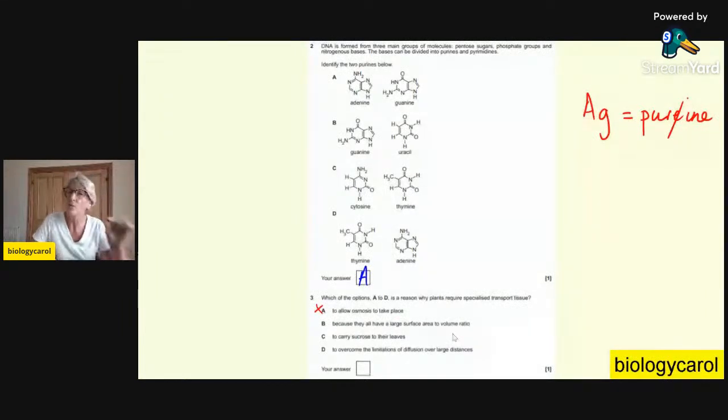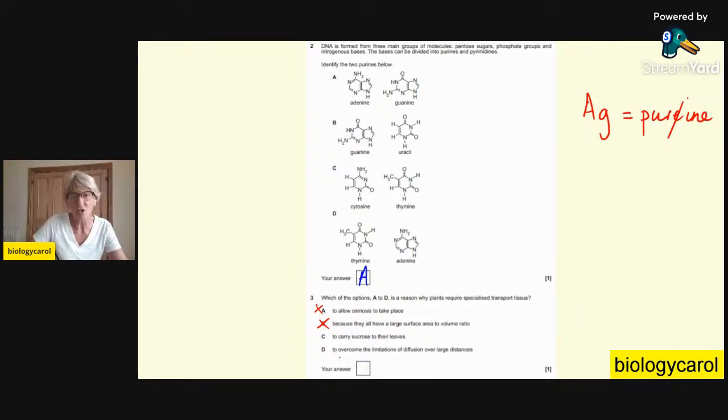Well, that is not true, because plants have a low surface area to volume ratio, which is why they need the transport tissue. So if only this said small, I would have said that was right, but it's not, because it says large. To carry solutes to the leaves, it's on my screen, so I'm sorry, I can't read it.